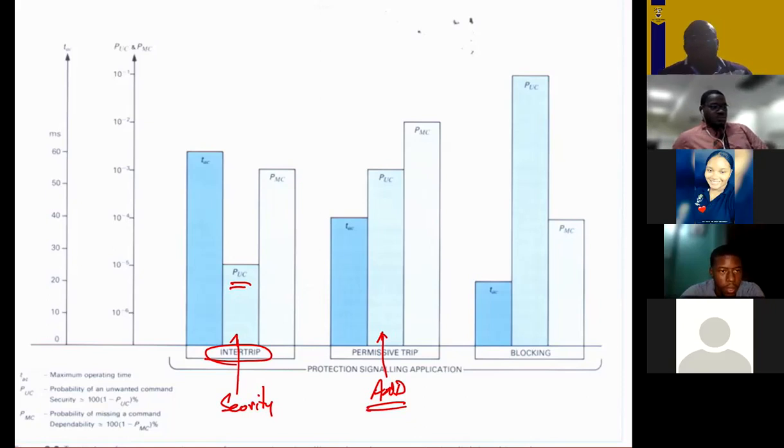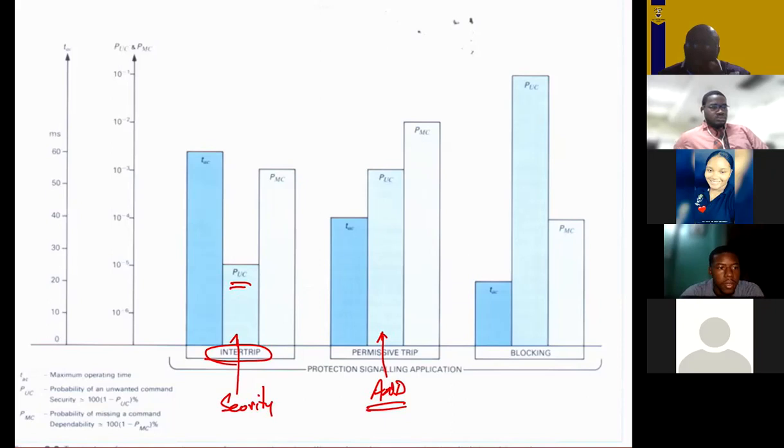With the blocking scheme, if you send a signal that is unwanted, it will not impact anything because it will not cause the blocking scheme to operate. Because the receipt of a signal by the blocking scheme is to prevent it from operating. Are you with me?